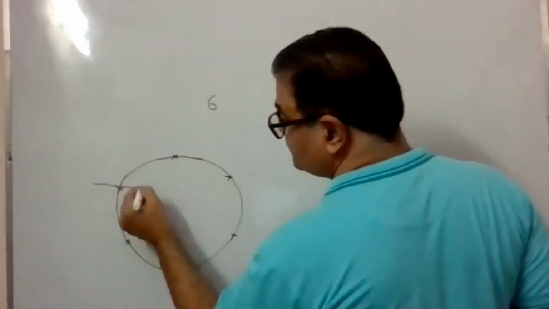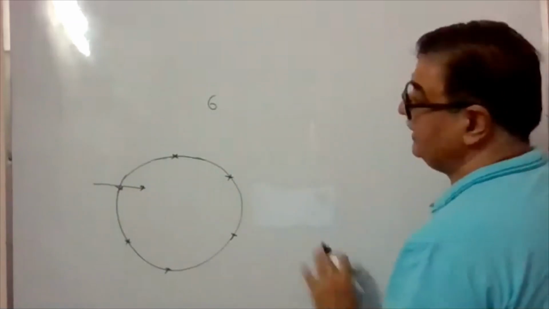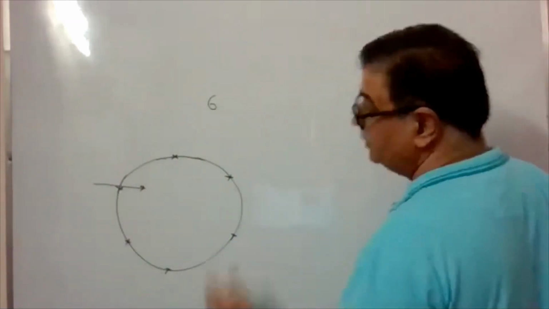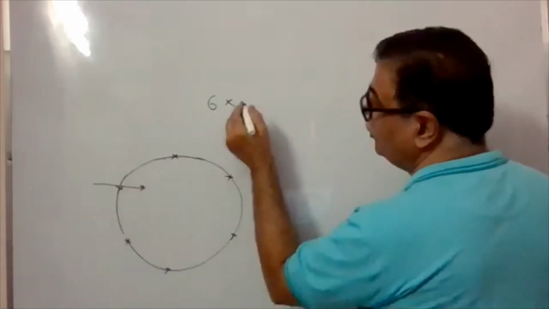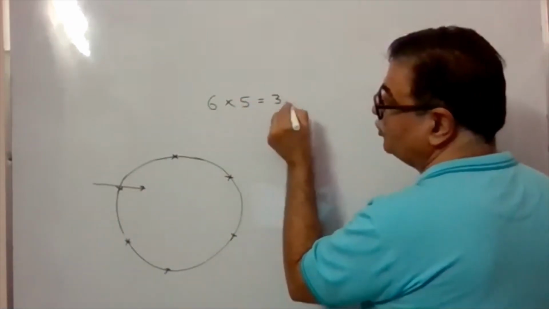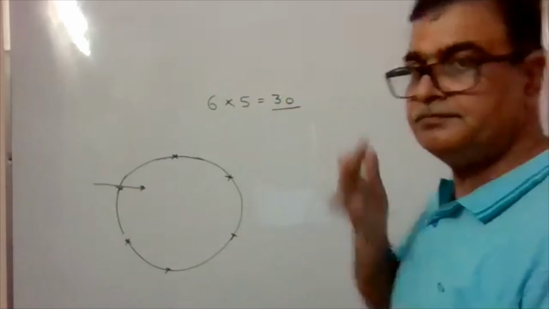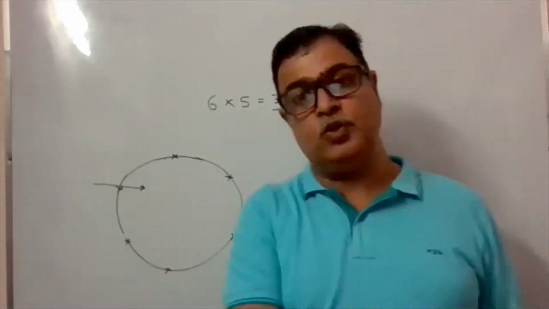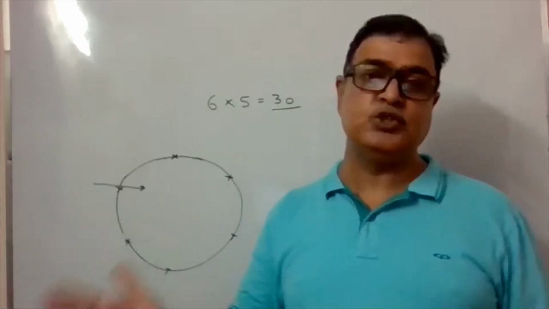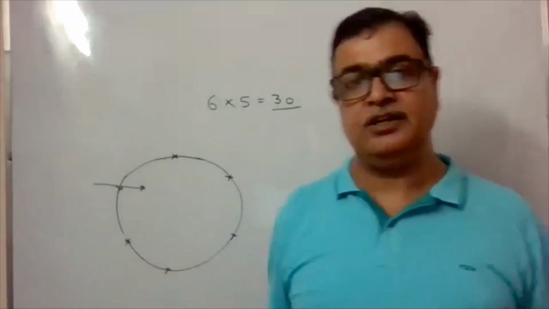But whatever option he takes to get inside should not be taken to go out. How many ways can he come out now? Only 5 ways. So total comes out to be 30 ways. 6 ways he goes inside, 5 ways he goes out. Total will be 6 into 5, 30 cases.